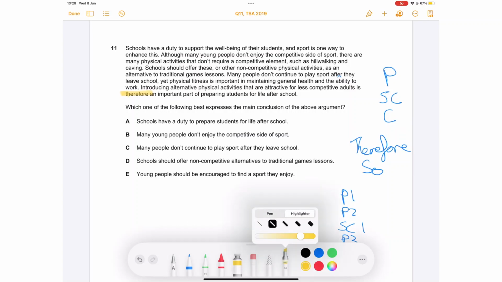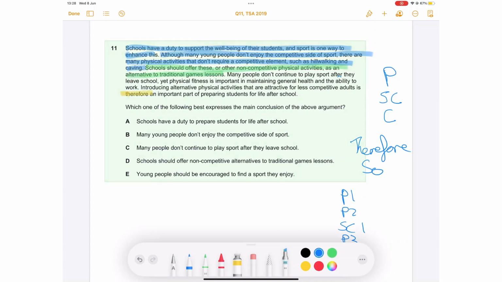So these first two are premises, so this is a premise and this is a premise. We do green for our conclusion, which is in the middle this time. Then we get one more premise, and the last one is a sub-conclusion.